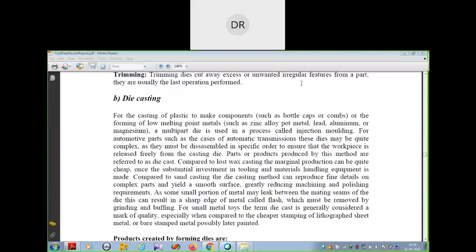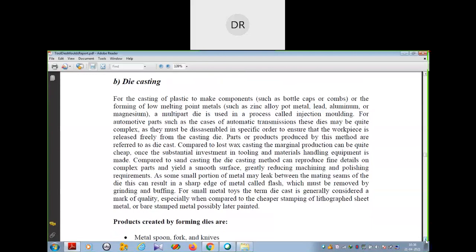So for small metal toys and other such components, die casting is generally considered.